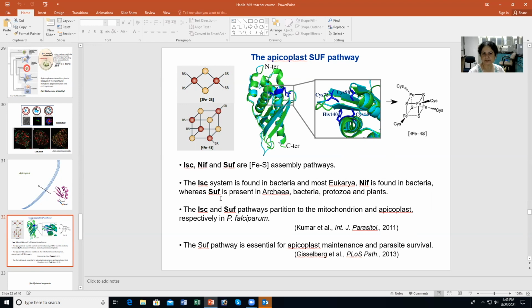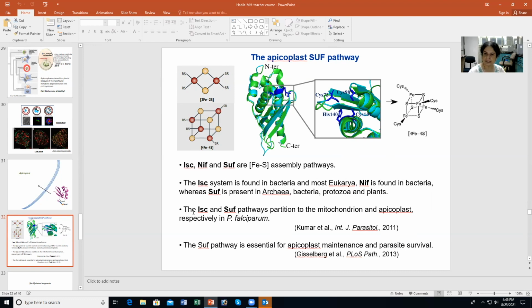But the SUF pathway, which is what we are discussing now, is present in archaea, in bacteria, in protozoa, and in plants, but is absent in mammals. So humans, who are mammals, will not have the SUF pathway, but the SUF pathway seems to be present in the apicoplast, in the malaria parasite.